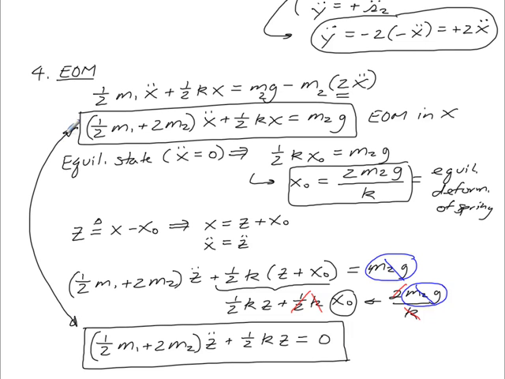So the point here is that most problems where weight comes into the picture, if you measure the motion from the equilibrium state, then weight will disappear. That constant term on the right-hand side is a zero. Stated in different words, the inhomogeneous equation of motion for x becomes a homogeneous equation in z.